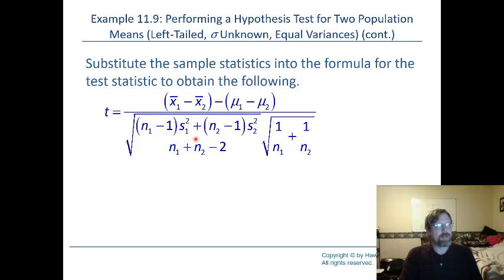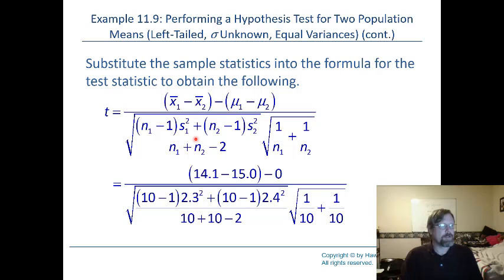So if we input our values, we've got the sample mean from 1, sample mean from 2, sample size minus 1, sample size minus 1, standard deviation 1, standard deviation 2, sample size plus sample size minus 2, sample sizes again, and again this comes right from our null hypothesis, that the difference between our population means is in the null hypothesis greater than or equal to 0. This gives us approximately negative 0.856.